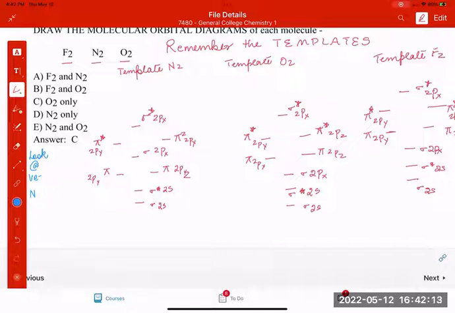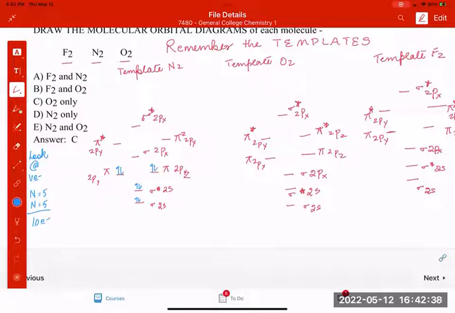One nitrogen is bringing how many valence electrons? 5. And the other nitrogen is also bringing 5. So we are going to place a total of 10 electrons for the nitrogen. So 1, 2, 3, 4. Now pay attention. First singly occupy and then you pair. So the Hund's rule still follows.